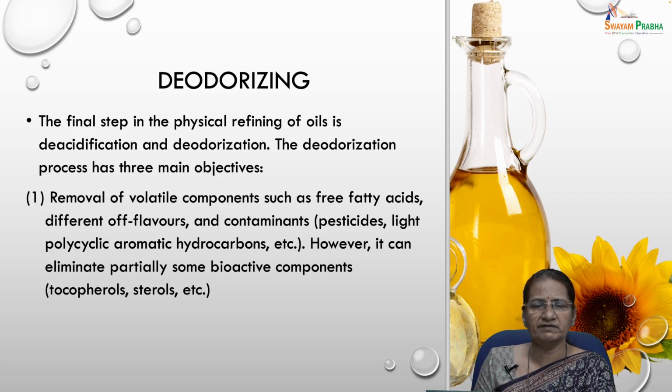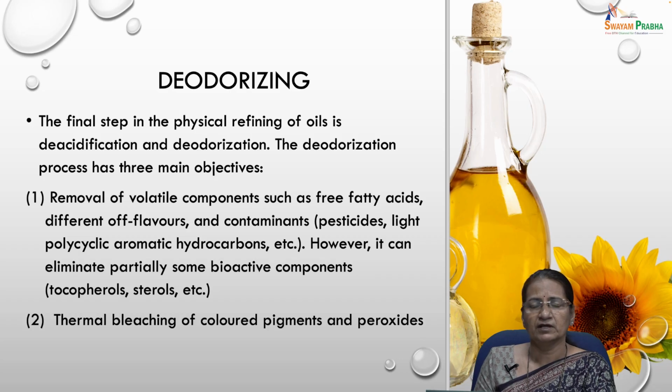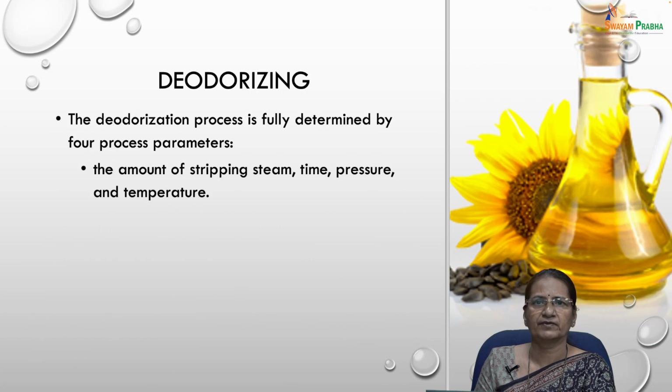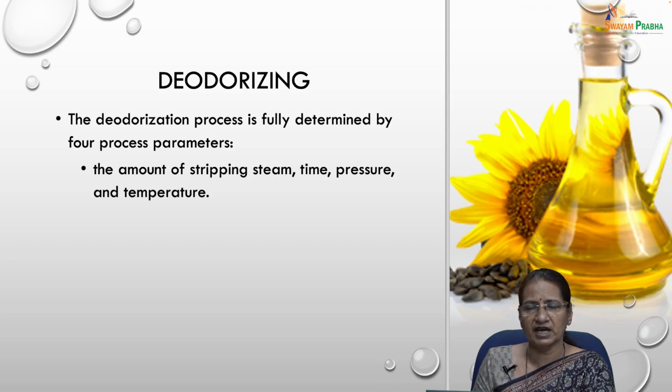The second objective is thermal bleaching of colored pigments and peroxides. And the third objective is to obtain better quality, a more acceptable aspect and more flavor stability during its shelf life. The deodorization process is fully determined by four process parameters: the amount of stripping steam, time, pressure and temperature.